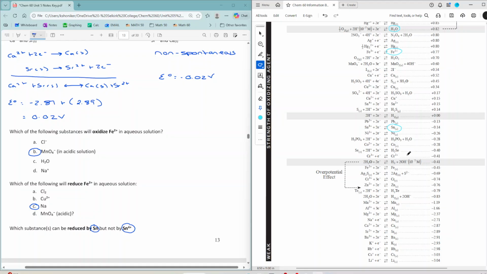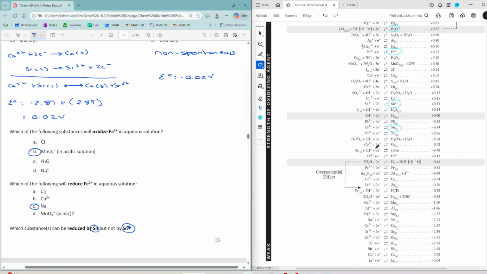I think I meant to put tin 2 plus. Which of the following can be reduced by tin, but not tin 4 plus? I said to double check. That's totally a typo. So this should be 2. Okay. So which of the following can be reduced by tin, but not by tin 2 plus?